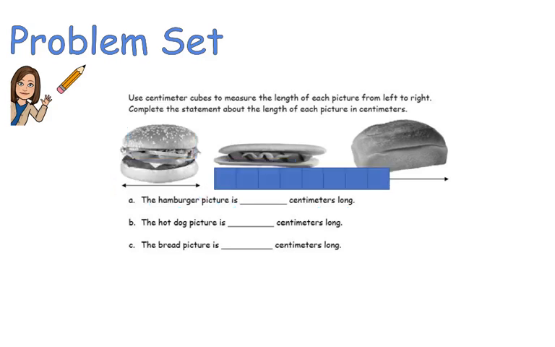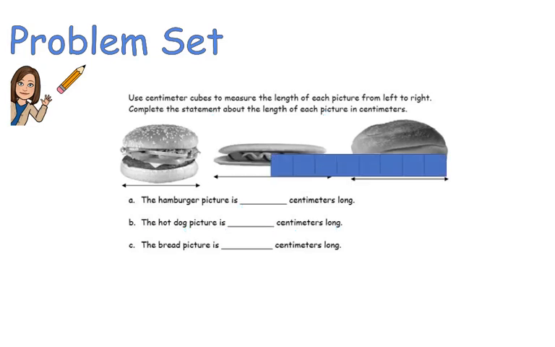Okay, let's go on to the next one. The next problem says the hot dog picture is blank centimeters long. So we lined up the end of the hot dog and count how many blocks. How many blocks are there? How many blocks did you get? 5.